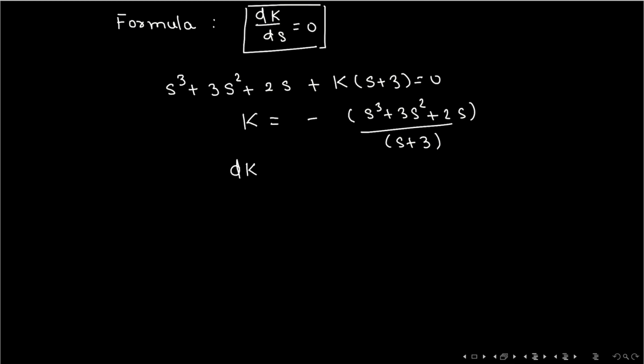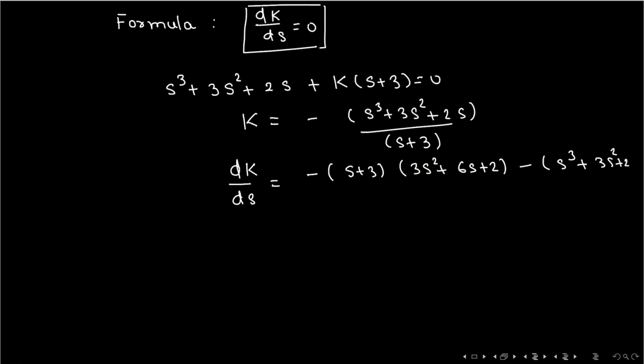Taking dK/ds, we get minus [(s plus 3)(3s square plus 6s plus 2) minus (s cube plus 3s square plus 2s)] divided by (s plus 3) whole square.